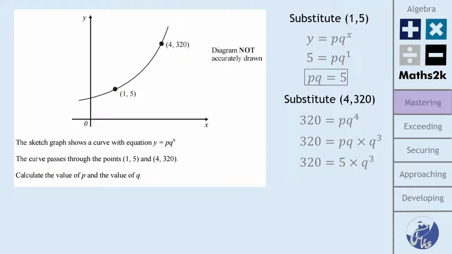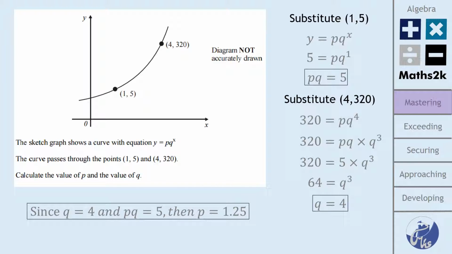And now I'm at a point where I will be able to figure out q because the unknown p has been eliminated from this problem. So divided by 5 gives me that q cubed is 64, so q will have to be 4. Now I know that q is 4, I can go back to that first value I substituted in and figure out what p is. And so this will give me that p is 1.25, and I've now answered the problem which asked me for those two values.